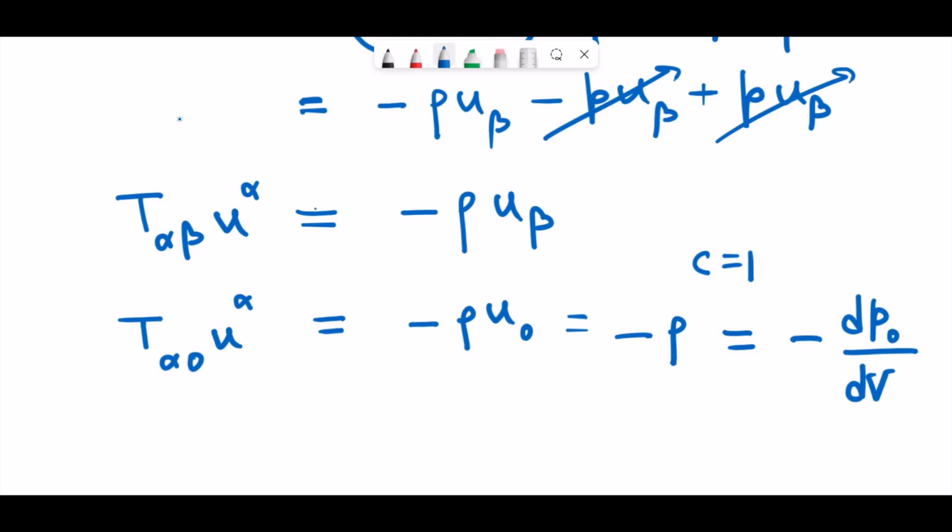So that's that. What do we get if we plug in a space index here, so u alpha?